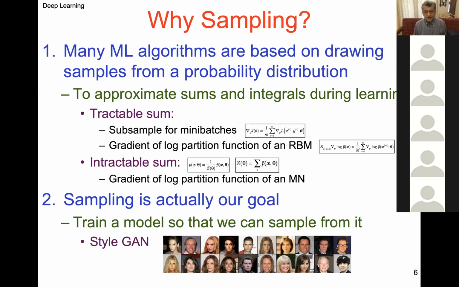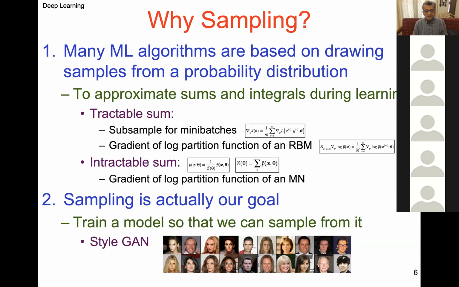Or it could be the gradient of the log partition function of a restricted Boltzmann machine, where that also ends up saying over a set of samples, capital M, determine the derivative. So those are all tractable situations.